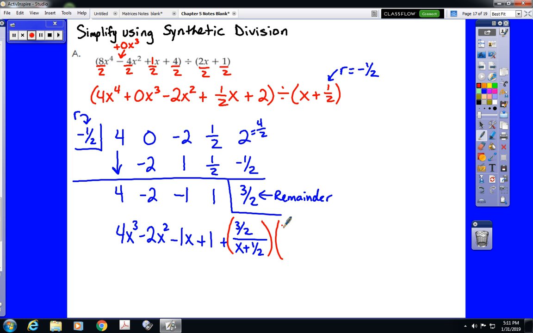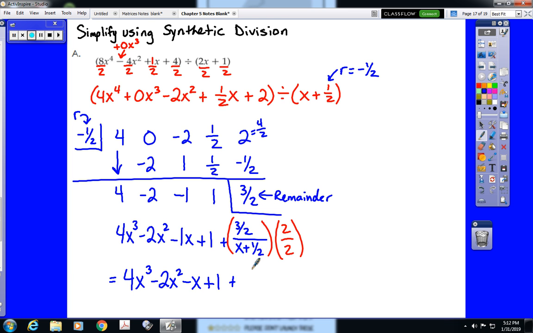So we need to multiply it by 2 over 2, which again will cancel those fractions without changing the value because we're multiplying by 2 over 2, which is 1. So our final answer would be 4x cubed minus 2x squared minus x plus 1 plus 3 over our original divisor, 2x plus 1.